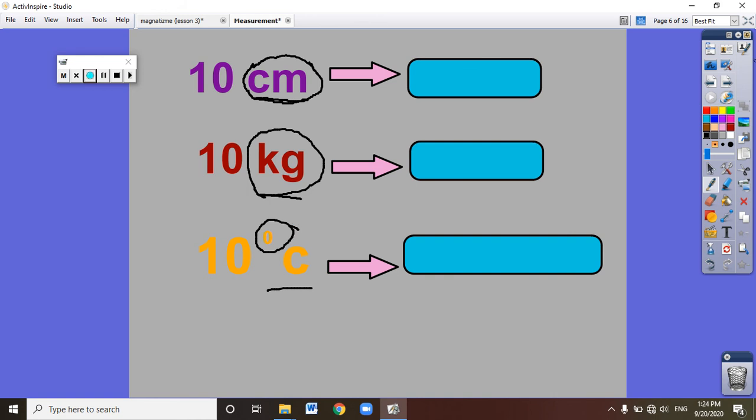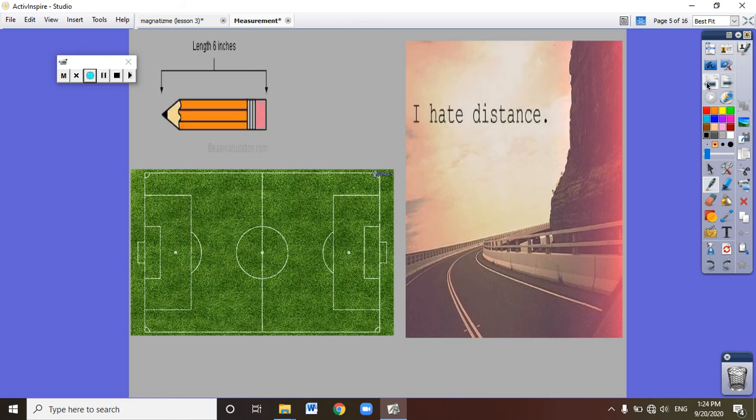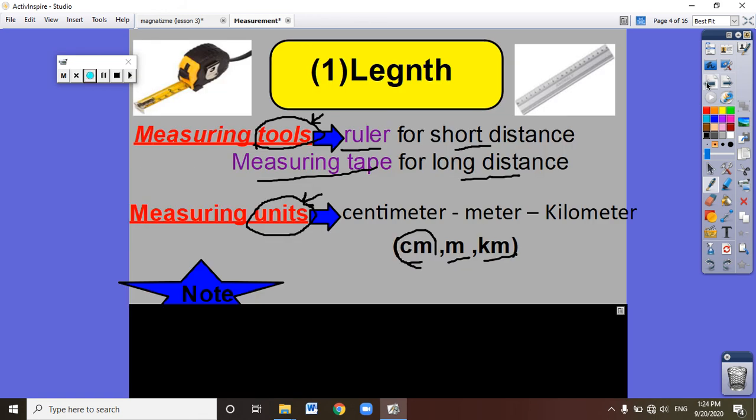So the units are symbols that allow us to know what I am measuring. The measuring units of length are centimeter, meter, kilometer. Centimeter is the smallest unit. Meter is bigger than centimeter, but the kilometer is the biggest unit for measuring length.